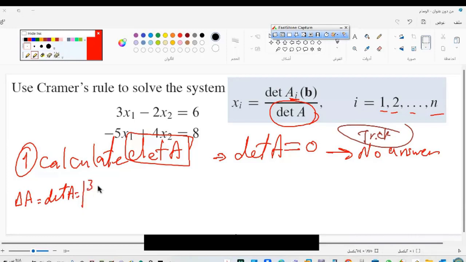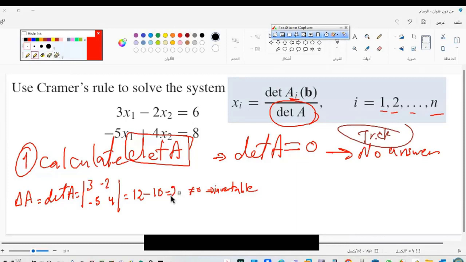See my hand: 3 times 4 is 12, minus minus 10, so it is 2. Not equal to 0, so it is invertible. Oh, sorry, I made a mistake. Yes, 12 minus 10, so it's 2. Hiba, is it 2 or minus 2?